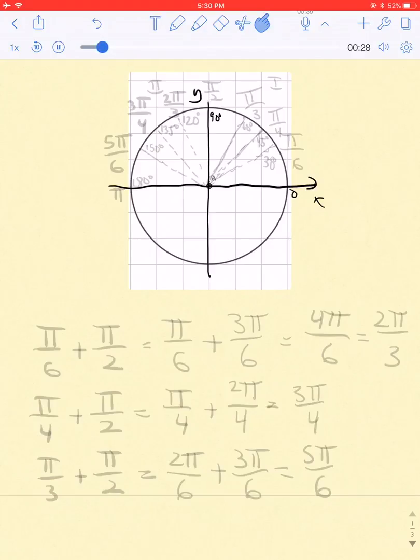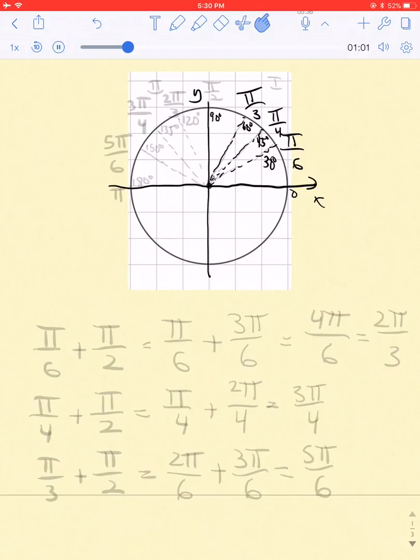And we came up with 3 special angles between 0 and 90. They were pi over 6, pi over 4, and pi over 3. And they corresponded to 30 degrees, 45 degrees, and 60 degrees.